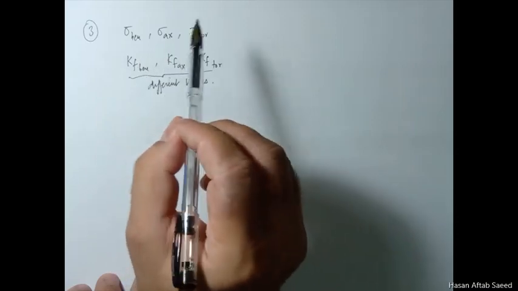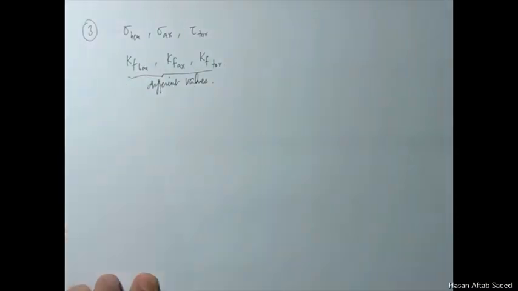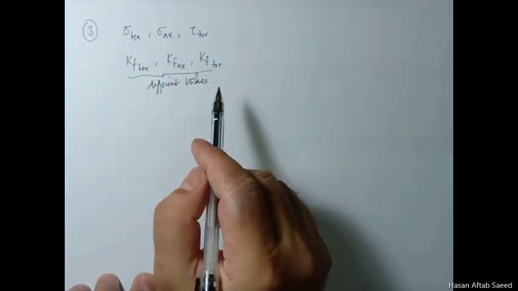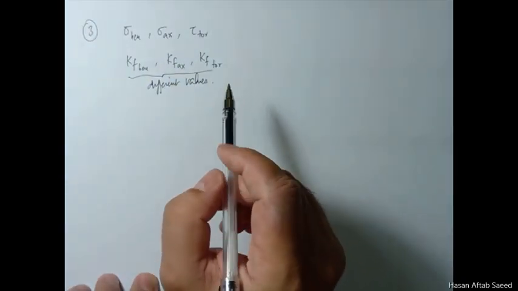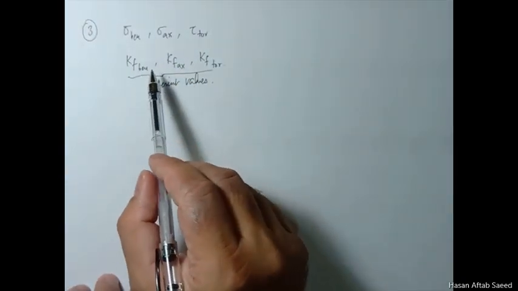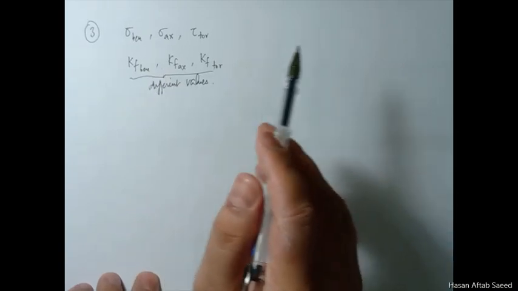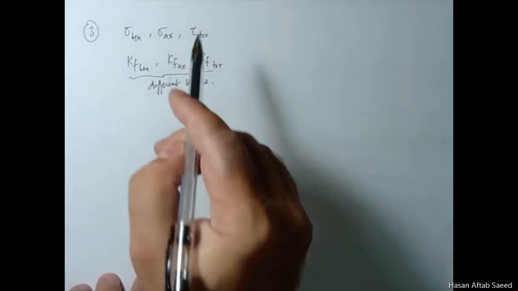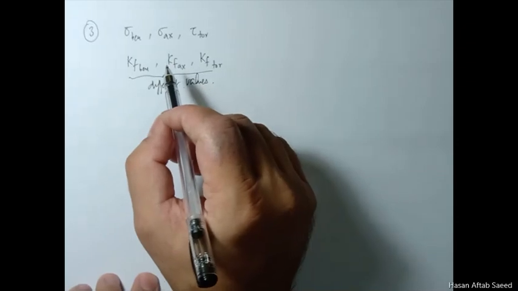Technically speaking, Kf is achieved after consulting Kt, the geometric stress concentration factor, from the relevant appendix, and then applying a notch sensitivity, and then you get the value.